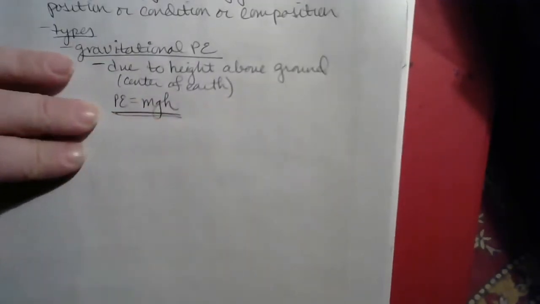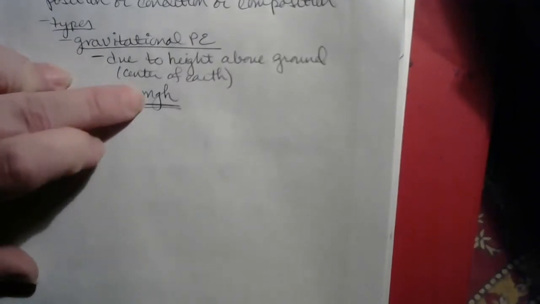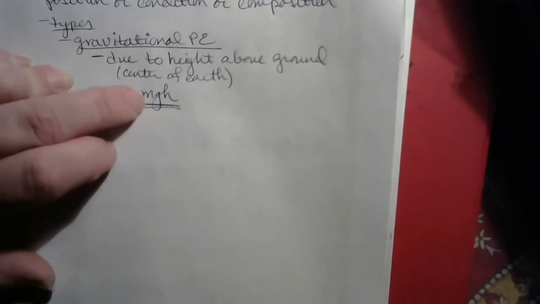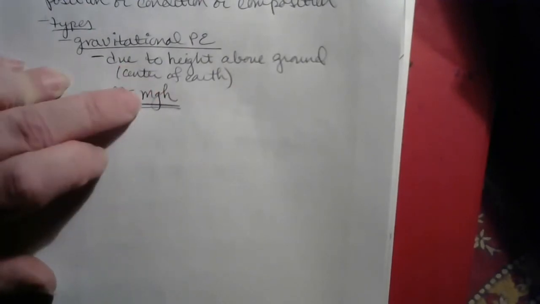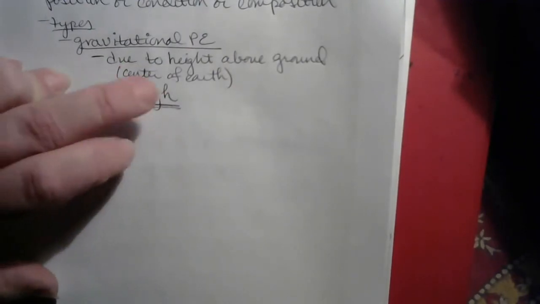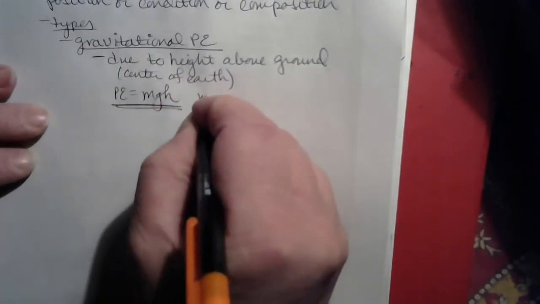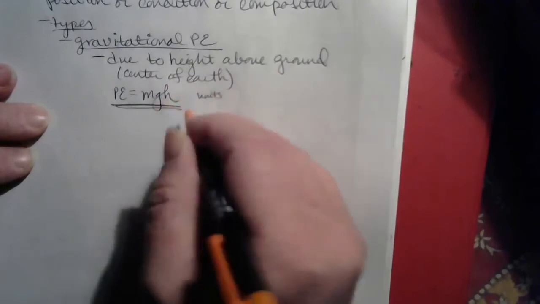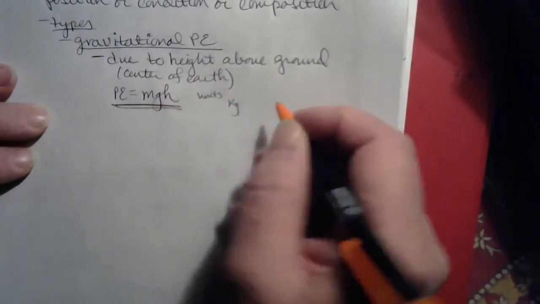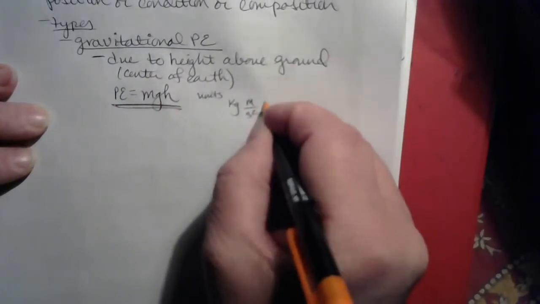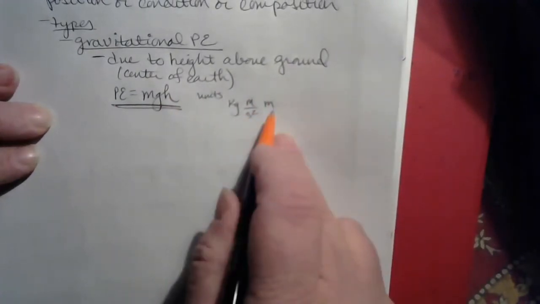And gravitational potential energy is given by the formula mgh, or weight times height. Mg being weight, mass times gravity, times height. If you look at the units, mass, of course, is in kilograms. Gravity is in meters per second squared, and height would be in units of meters.